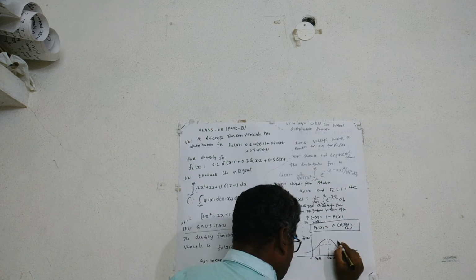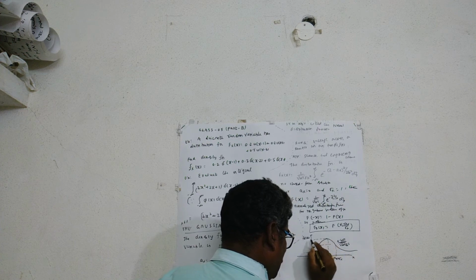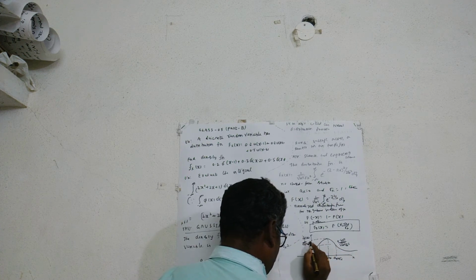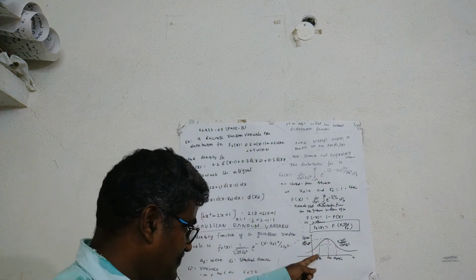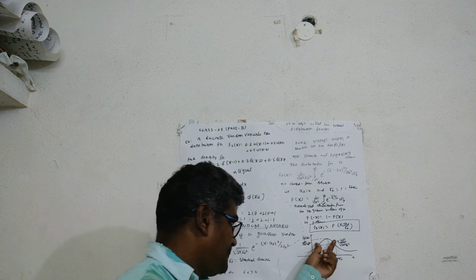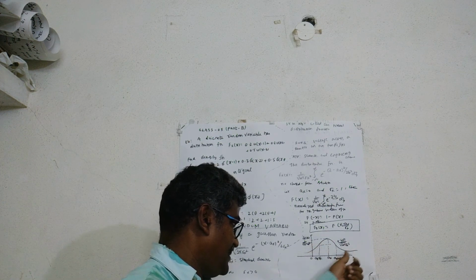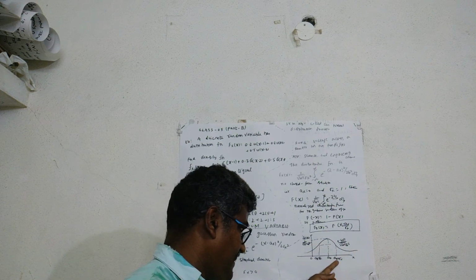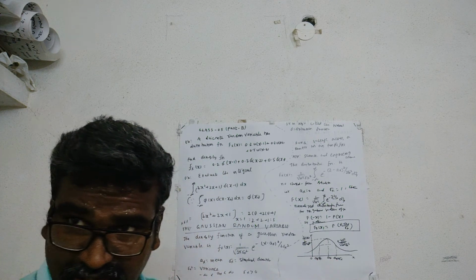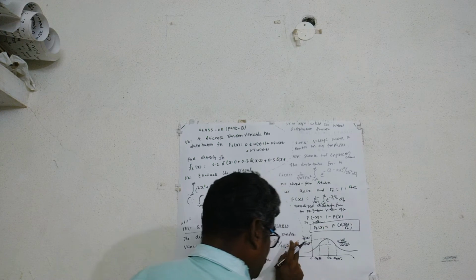The value is 0.607 times 1 by the square root of 2 pi sigma x square, and the maximum value is 1 by the square root of 2 pi sigma x square. The maximum value occurs at its mean. By how much it is spreading around its mean is given by sigma x, that is the standard deviation, plus sigma x and minus sigma x. And here this is the density function.